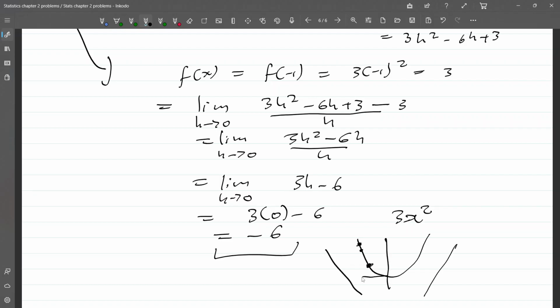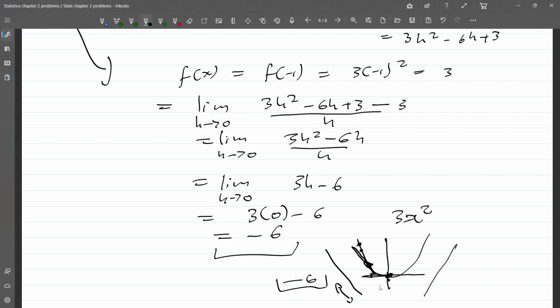The vertex is at 0, then maybe negative 1 is going to be here. Then the gradient of the tangent, equal to negative 6, makes sense. It is negative, so it is decreasing, if you can check.